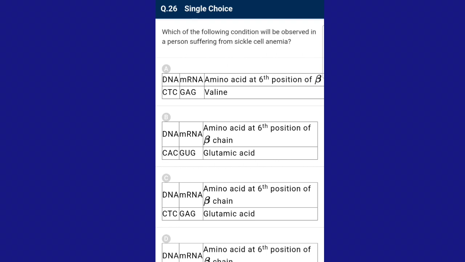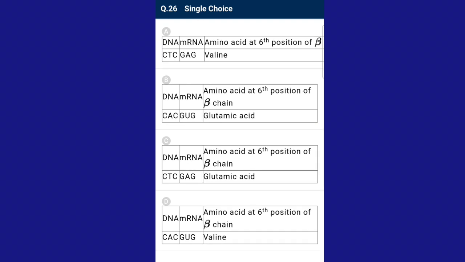This in turn will result in a mistake during translation. In healthy individuals, the codon GAG on the messenger RNA matches with the anticodon CUC on the transfer RNA carrying the amino acid glutamic acid. So the answer for this question is option D.